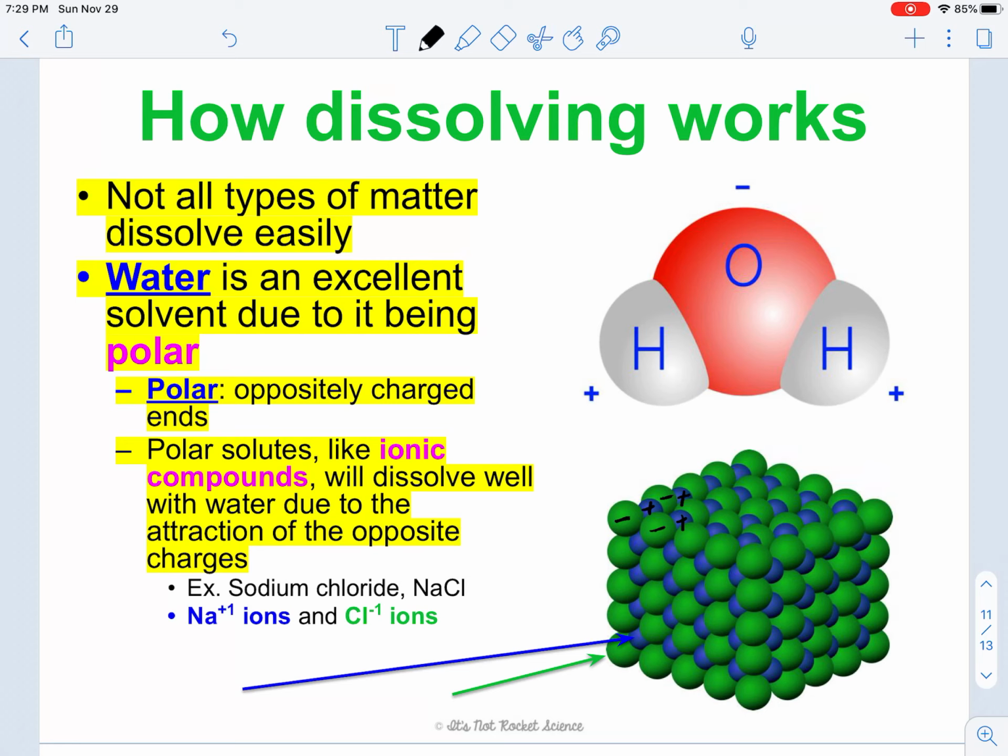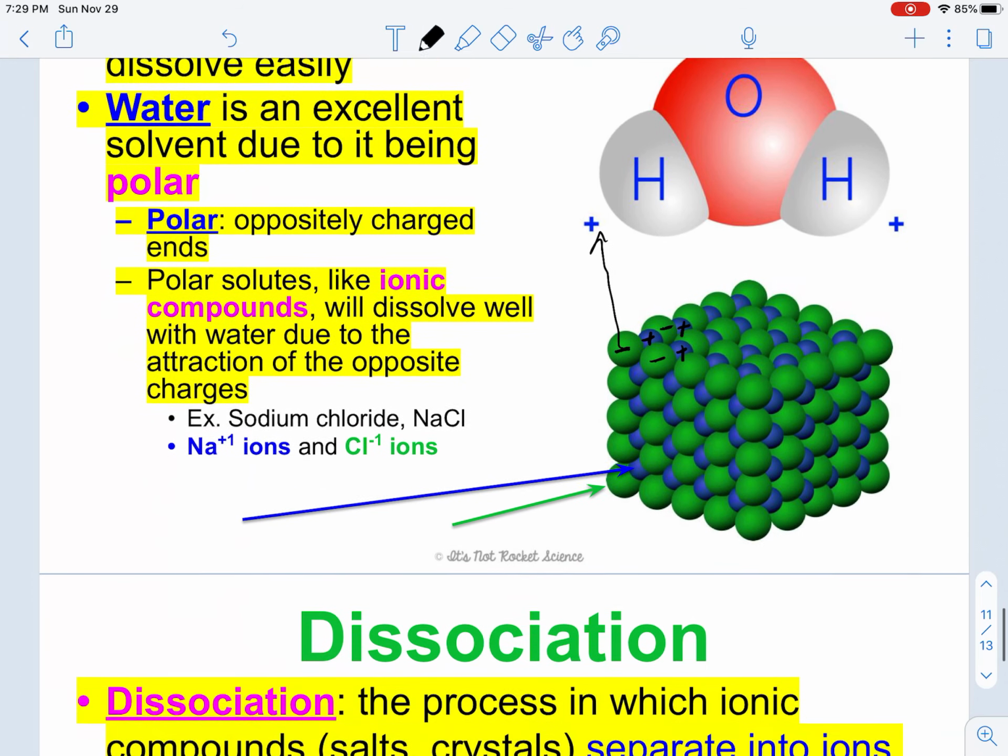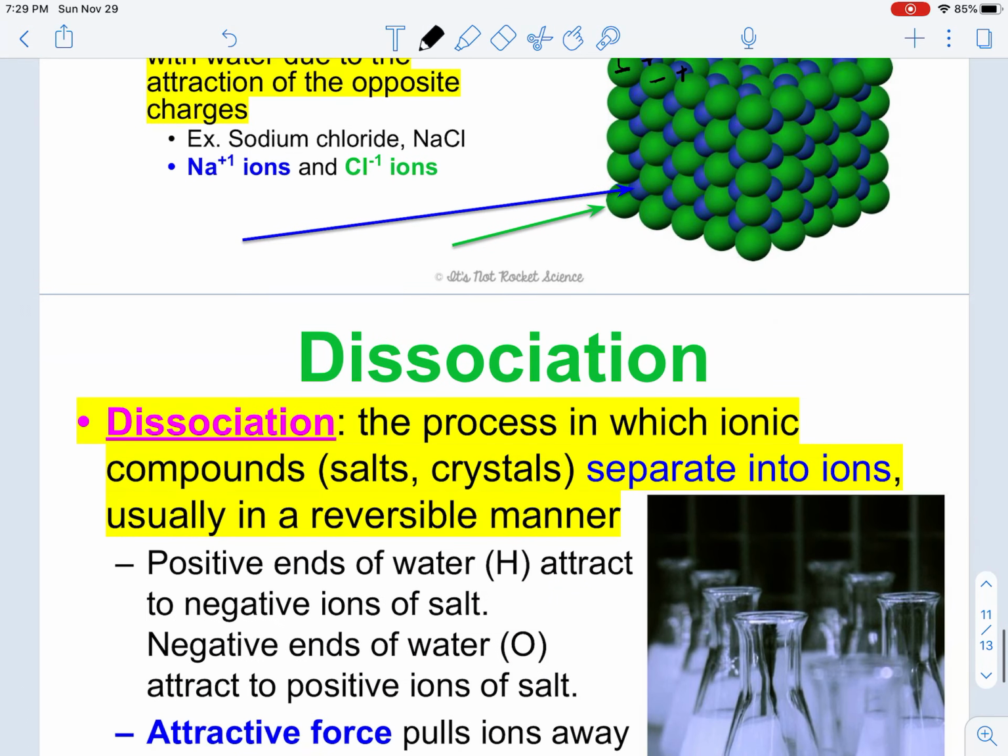The negative end is going to be attracted to the positive end of water, and that is going to separate it out. That is why ionic compounds dissolve in water so well, because the positives and the negatives attract one another. Remember that opposites attract. We call that dissociation.